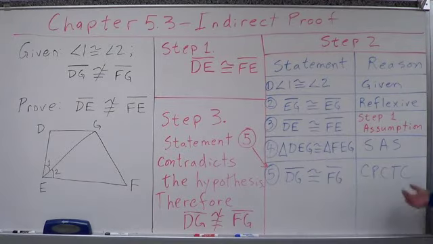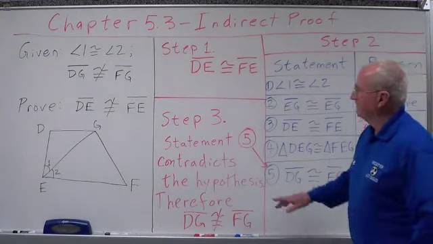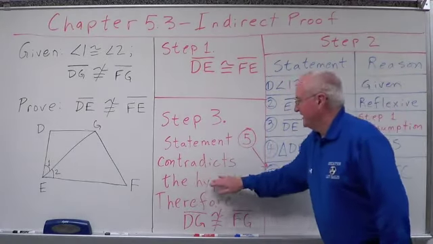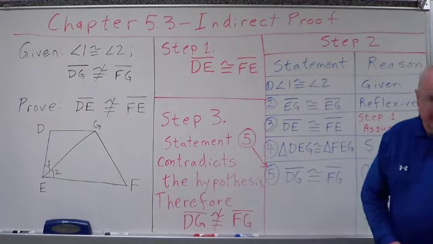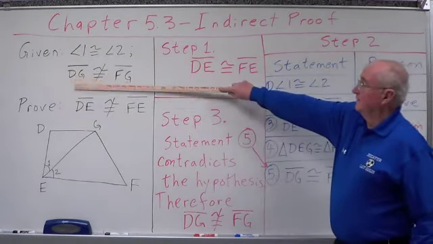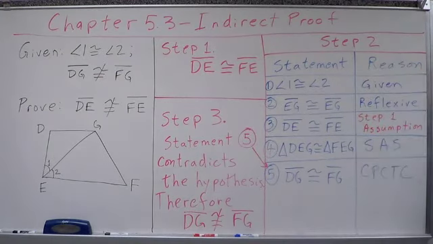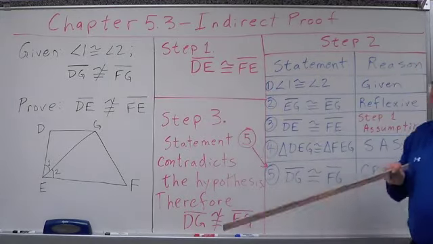Okay? Now, let's go to step 3. That's our proof. Step 3: statement number 5 contradicts the hypothesis. Right there. The hypothesis states, you can't take exception with it, that segment DG is not congruent with segment FG.